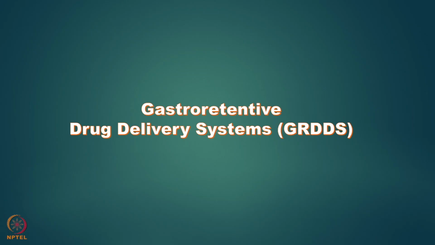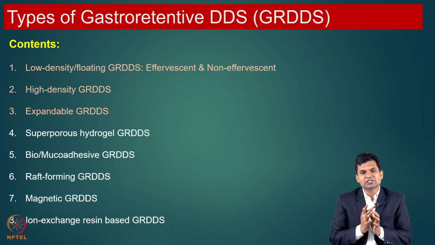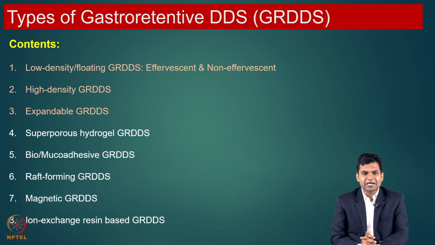So, we are discussing gastroretentive drug delivery systems. In our first class, we started with the introduction to gastroretentive drug delivery systems. In our second class, we discussed the types of gastroretentive drug delivery systems.